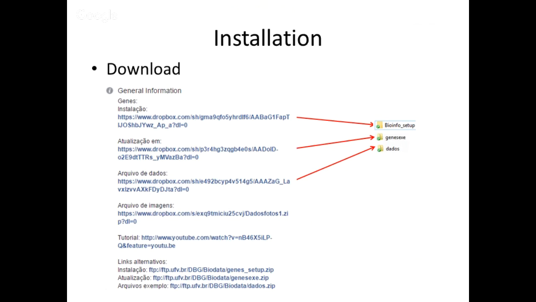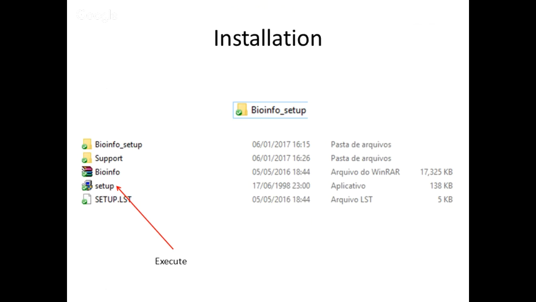The first folder we're gonna use is this one, Bioinfo Setup. You have to unzip this folder. If you open it and try to install Genius without unzipping, it won't work, because the setup will look for some files inside the subfolders here, and they won't be found because they're inside the zip.